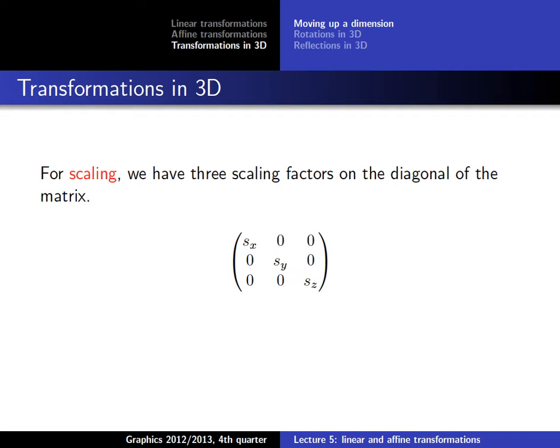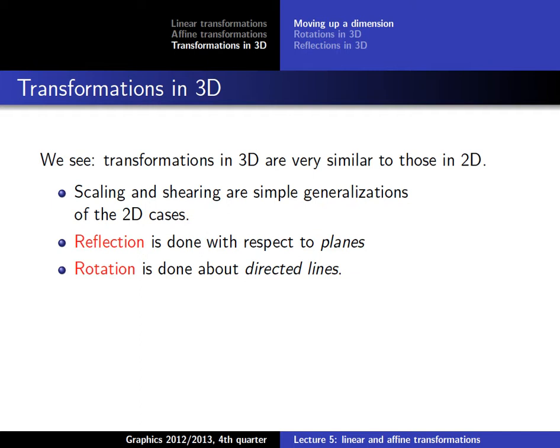And of course, we can also extend our other simple case that we had, scaling. We can scale with respect to three coefficients. We can also do reflection and rotation. Now, the difference from reflection and rotation to 3D is that we have a little more options here, in the same way as for the shearing. We can shear in different directions.